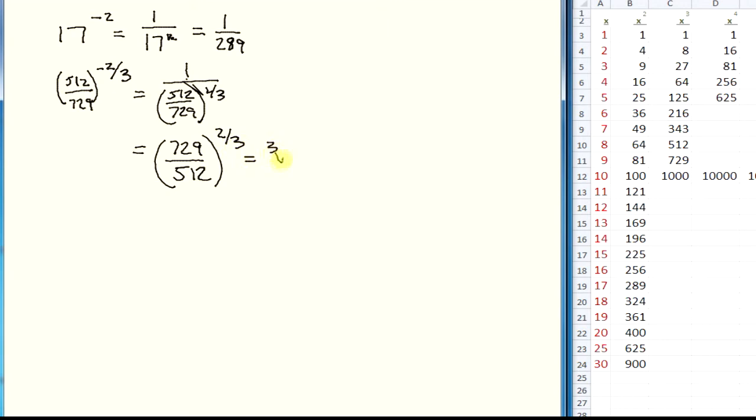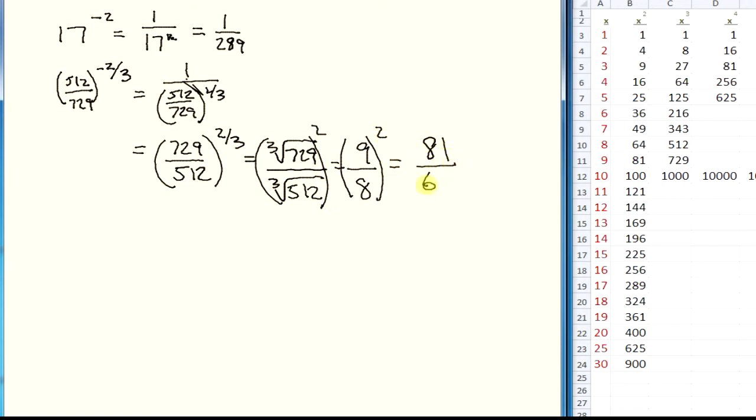Now I can take the cube root of 729 and divide that by the cube root of 512. This, of course, would be 9. This would be 8. Each of these, technically, are all squared, and I can come up with 81/64 and have an answer without ever touching a calculator, and more importantly, having an exact answer.